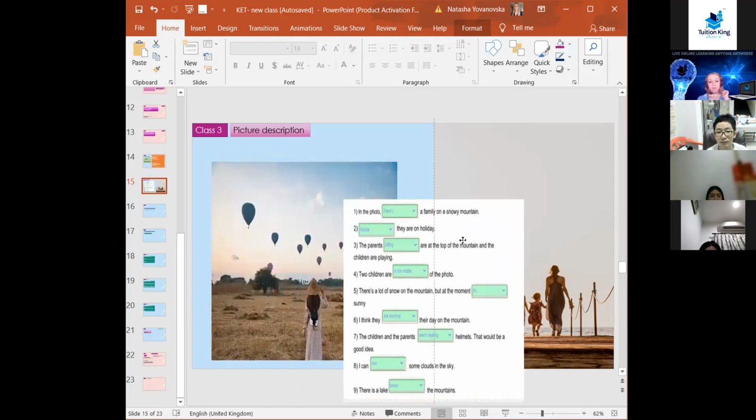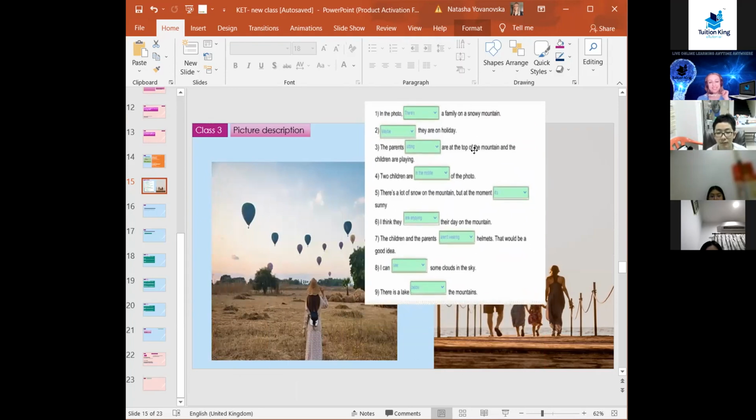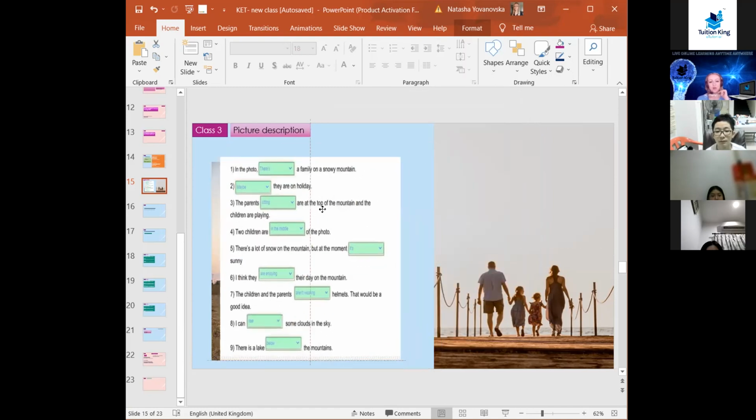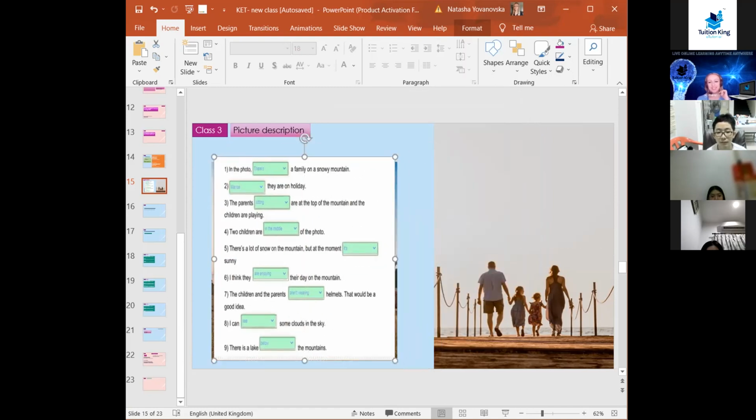Bernice, would you like to try picture one or picture two? Picture two. All right, let's go with picture two. In the photo, there's a family on a holiday. The parents brought their kids to the seaside. To the seaside. Awesome.